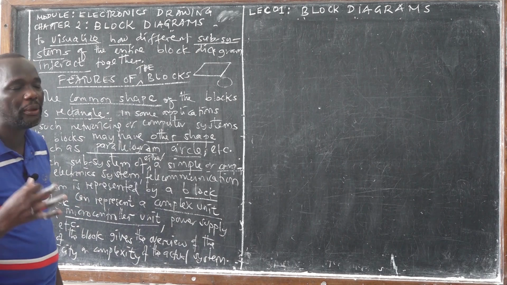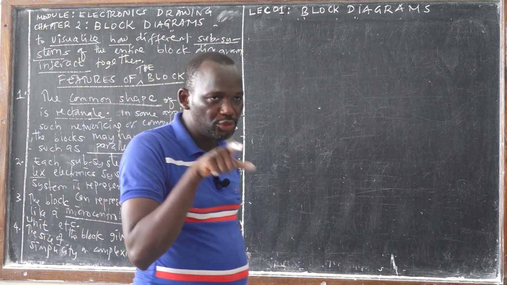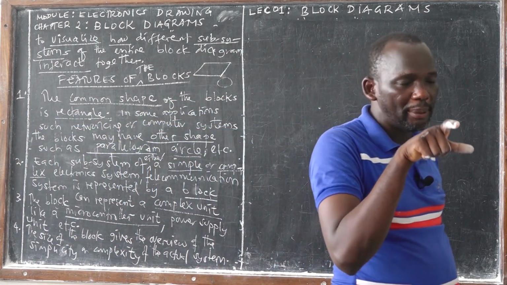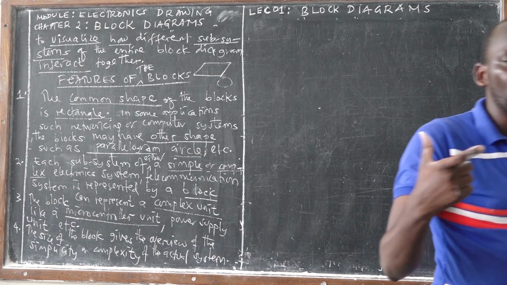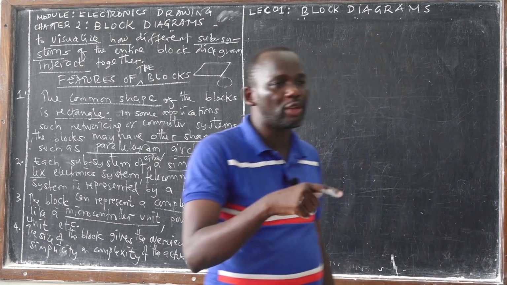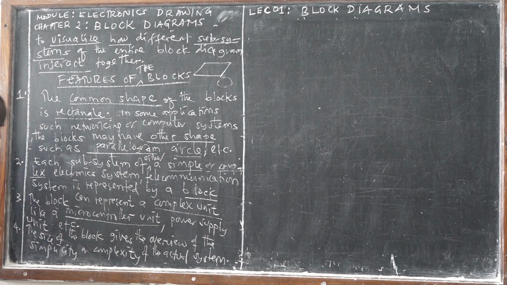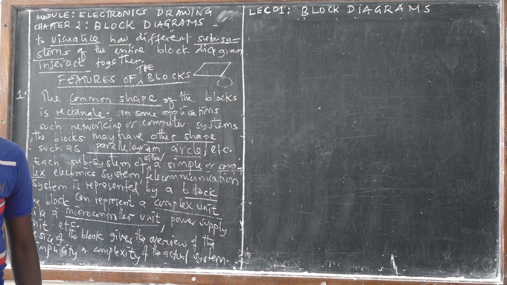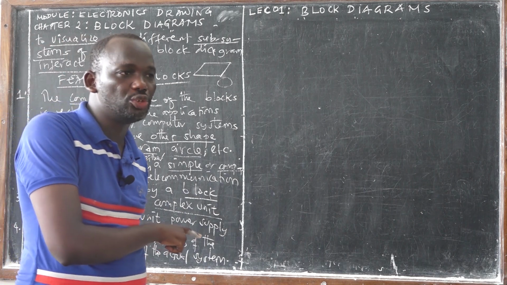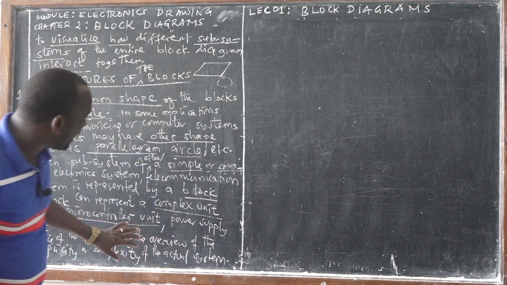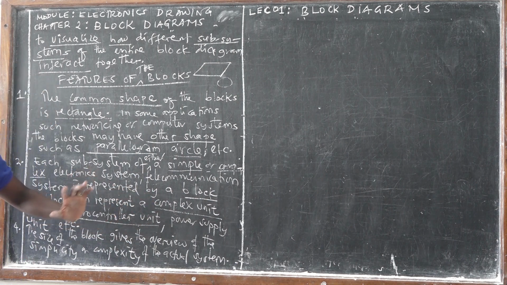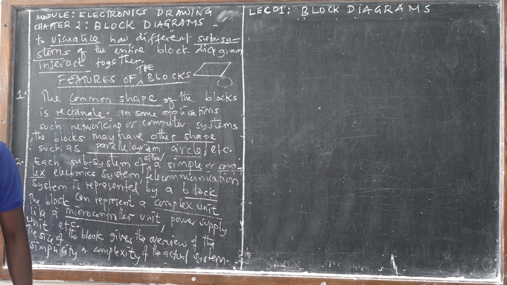Usually a block represents a simple unit, meaning a particular collection of electronic components performing a particular function. But sometimes a block may represent a complex unit, which consists of some other blocks within it.